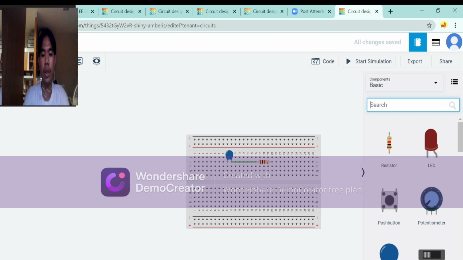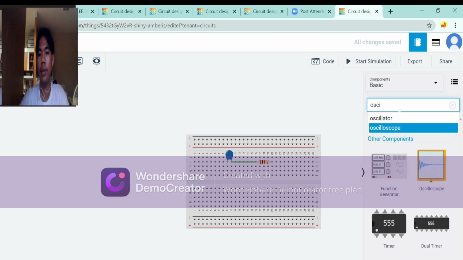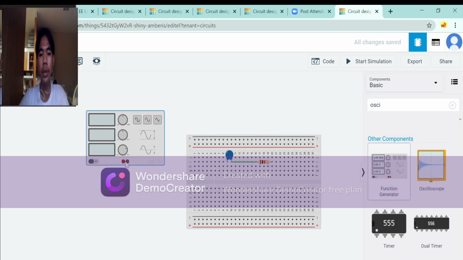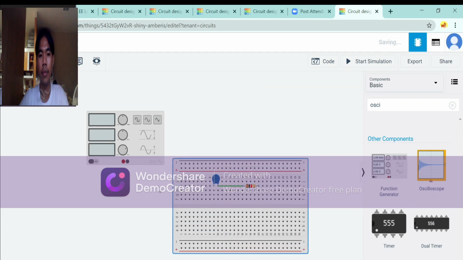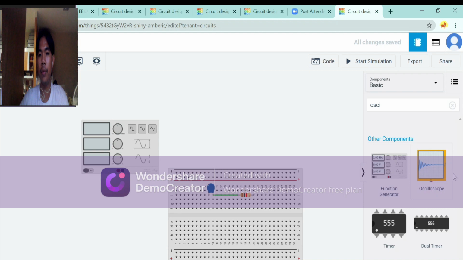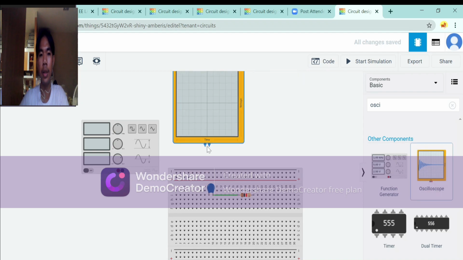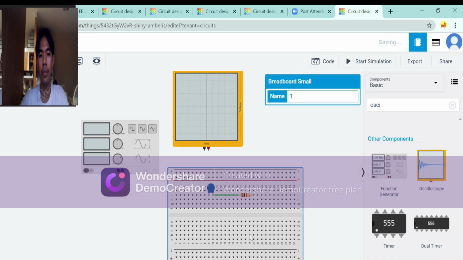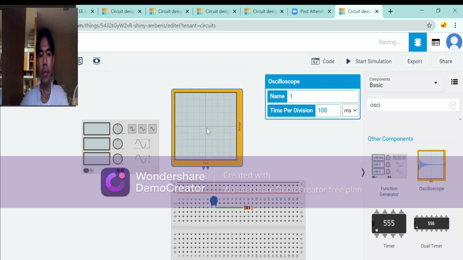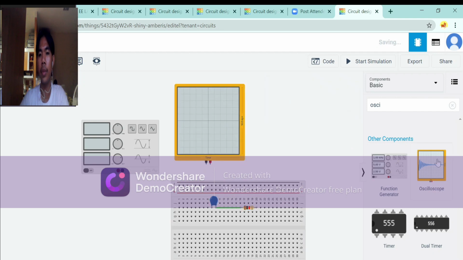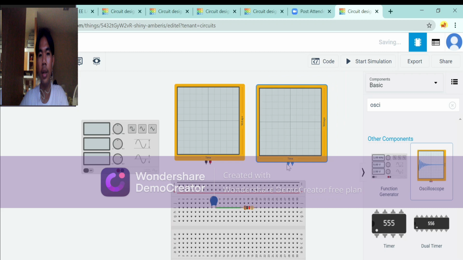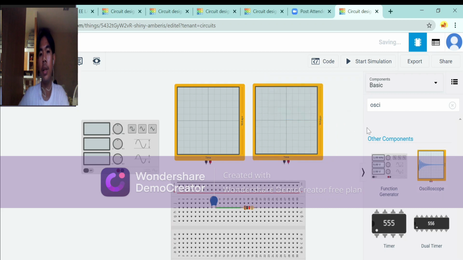The power generator is a function generator. It does give the signal, and we need 3 oscilloscopes in order to measure the signal across the source, the capacitor and the resistor.